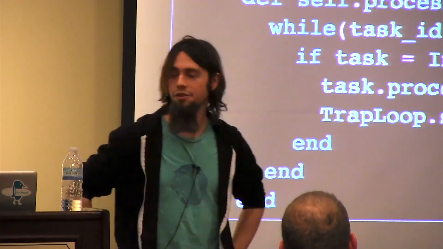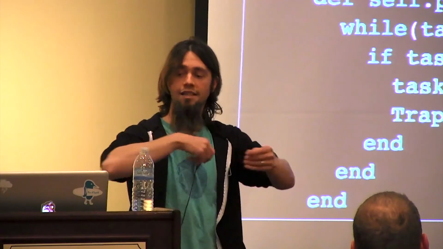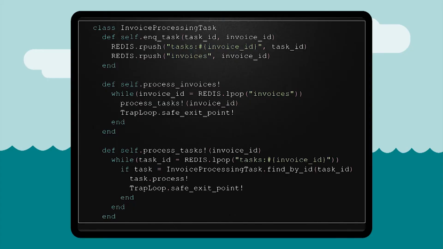So I actually wanted to be able to, in enqueue a task, push on both lists, and then pop off the one for process invoices, and then as you process an invoice, pop off the tasks list and so forth. And when you run a task, it may enqueue new tasks. And then I've called safe exit point in these convenient places so that I know I won't interrupt my jobs from processing something.